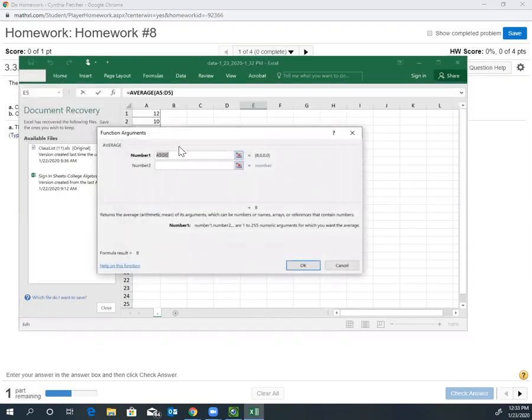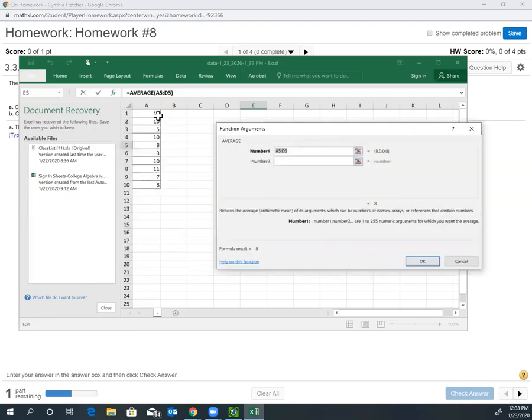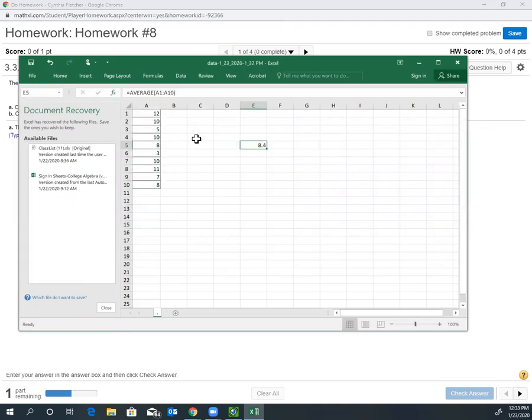Okay, so to get the mean, you're going to select the first cell, and then I'm hitting Shift on my keyboard, and I'm selecting the last cell to highlight all of the data, and then press OK. And that is my mean.